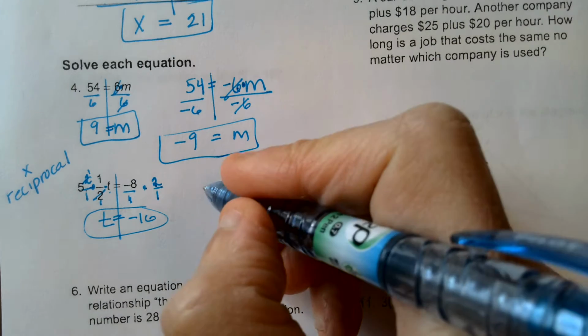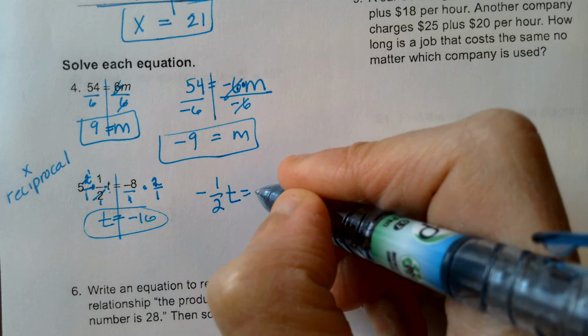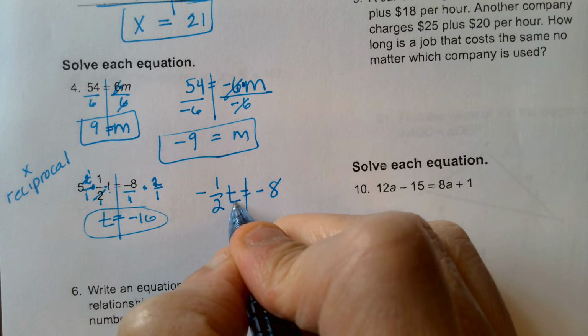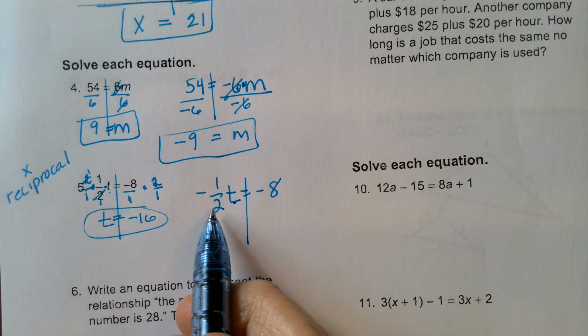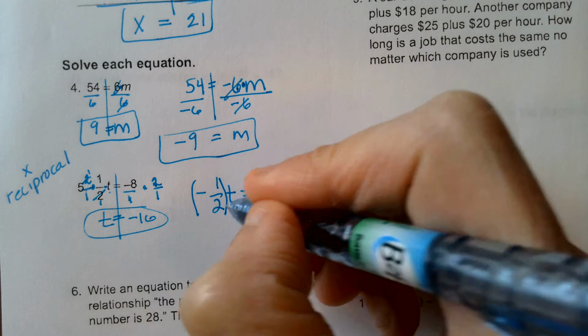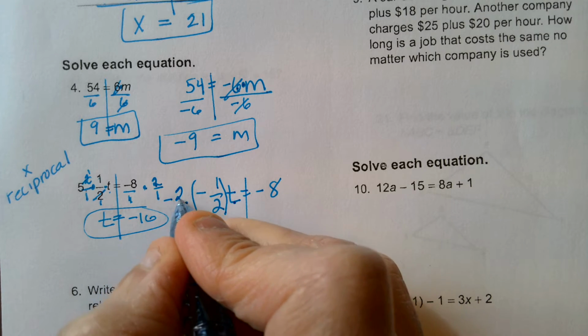So, I want you to try this one, and then stop the video and do it. Okay, so I'm going to draw the line, locate the variable, and I say, okay, it's a -1/2. So now this goes together. I need to multiply by the reciprocal of -1/2. It's -2 over 1.